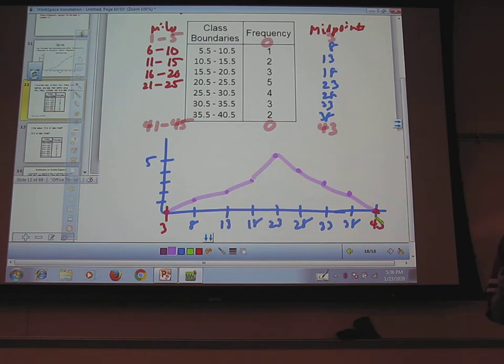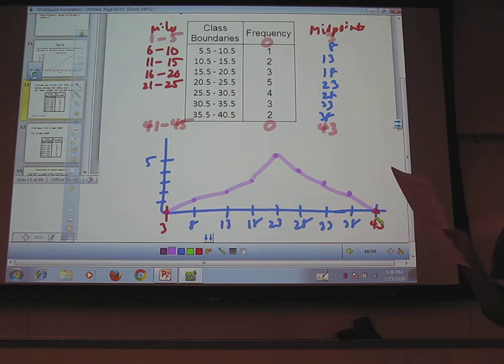What I want you guys to do is go to your 4th page. At the bottom of the 4th page, it says lab problem 4 at the bottom down here. We're not going to do lab problem 4 or lab problem 5. What we're going to do is you're going to do a frequency polygon in that space for your quiz problem.